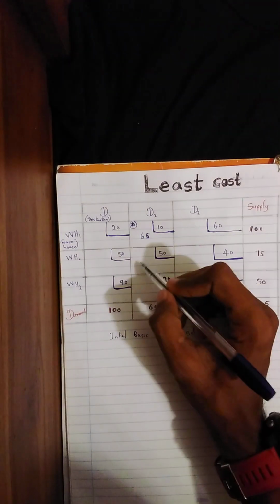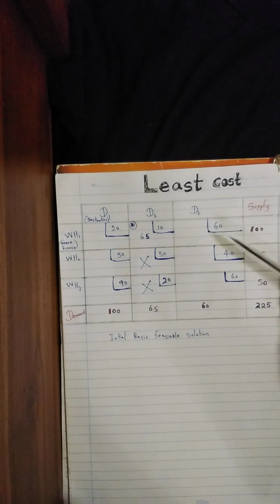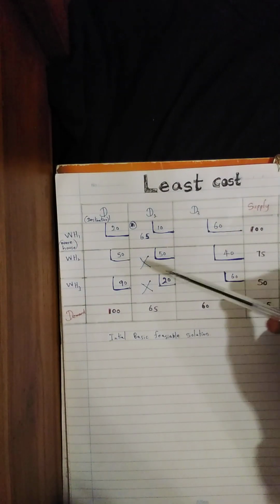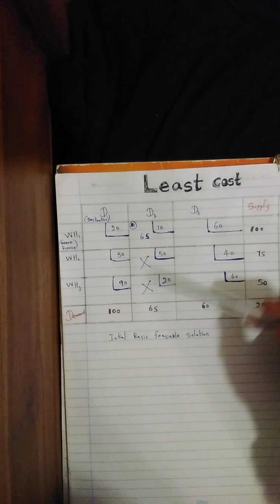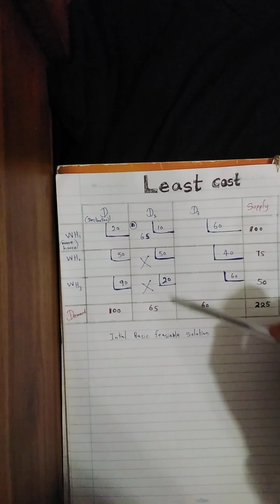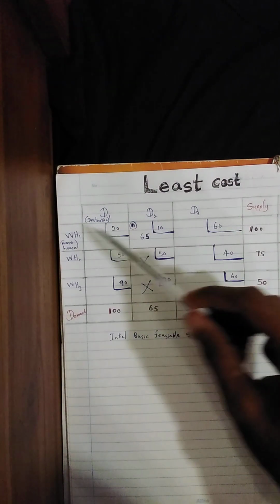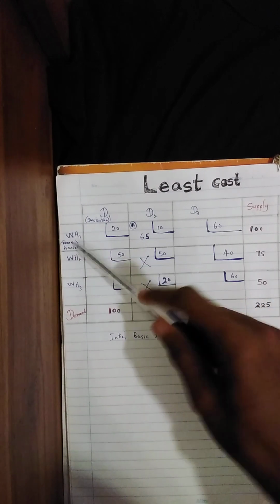Another thing is we can cross these cells also, because destination 2 demand is 65, and that demand is already fulfilled from warehouse 1.